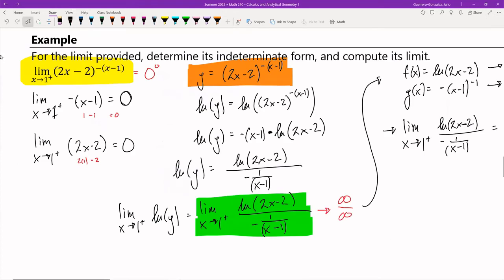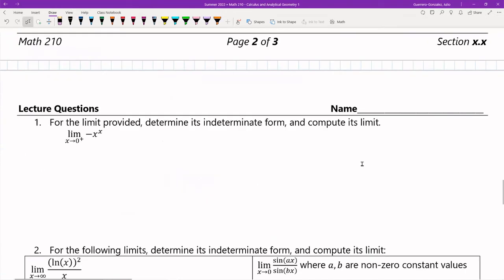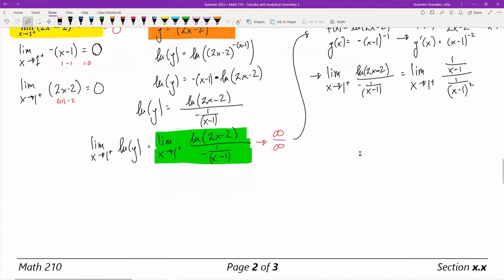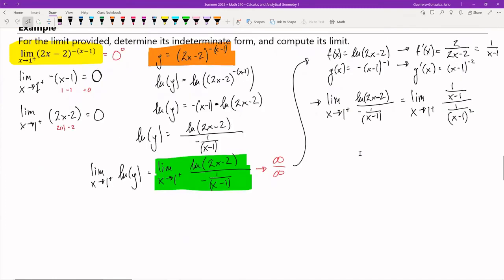Whoa. Sometimes my computer, oh, come on. Sometimes my computer does that. It glitches at random times. So notice how we have that on top and that thing on the bottom.